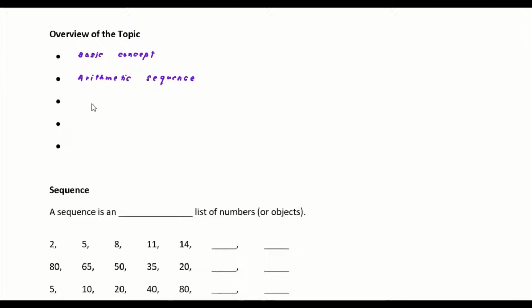The second type of sequence that we are going to learn is called the geometric sequence. You can try to write it down first so that you know what things we are going to go through for this lesson. Then the last one, we are going to talk about first order linear recurrence relation.